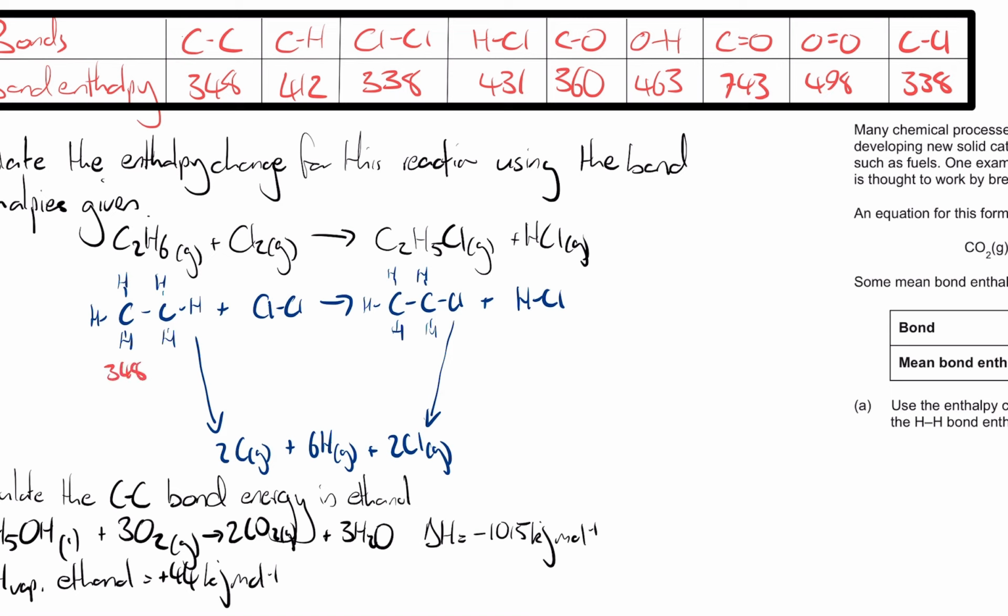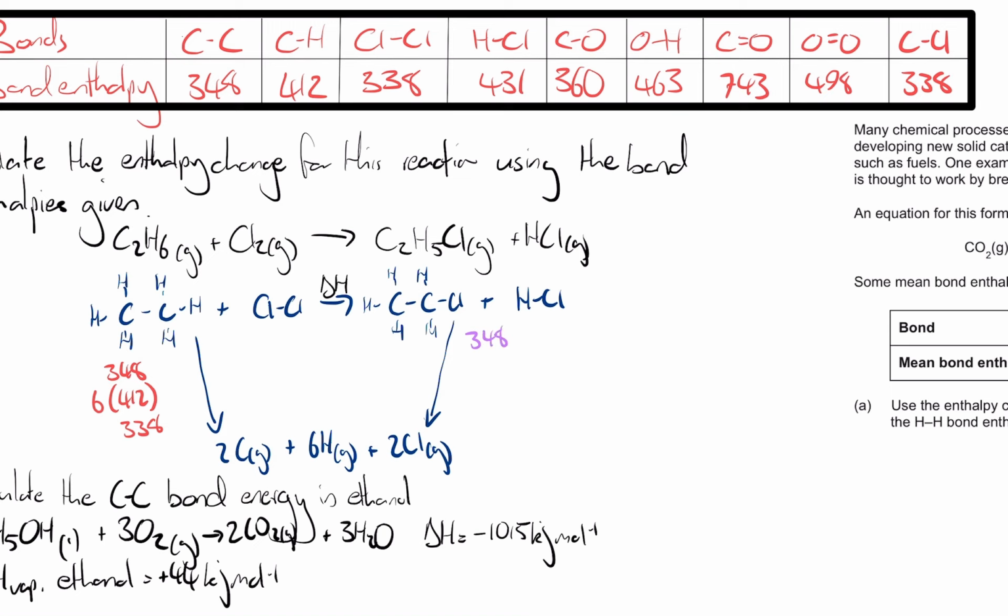We have 6 lots of 412 for carbon hydrogen. And we've got 1 lot of Cl-Cl, 338. We're trying to work out this. And then we've got 1 lot of carbon-carbon again, 348.